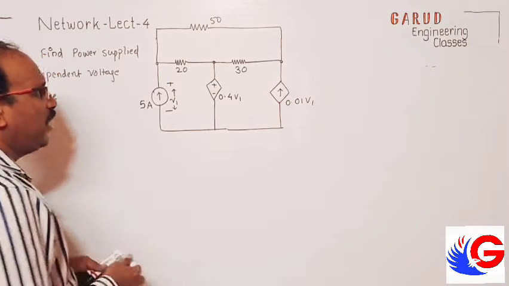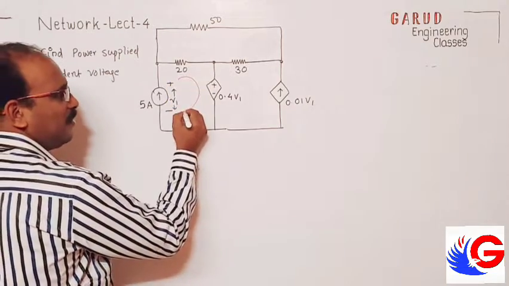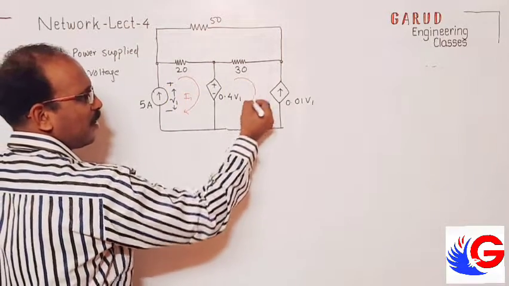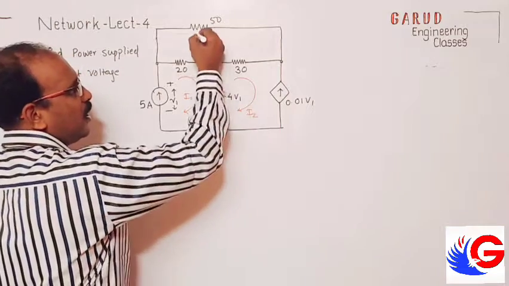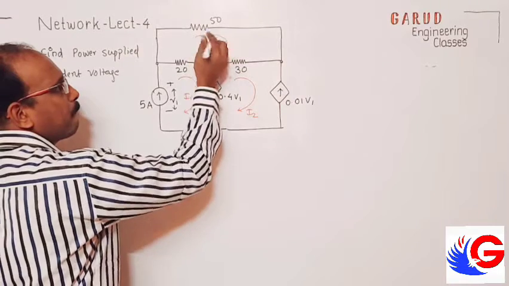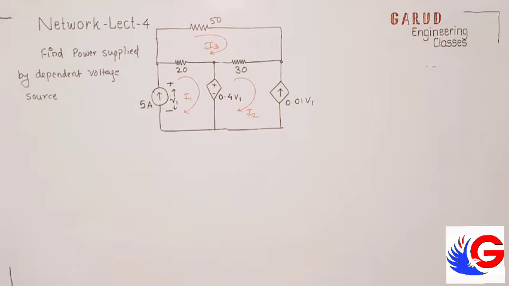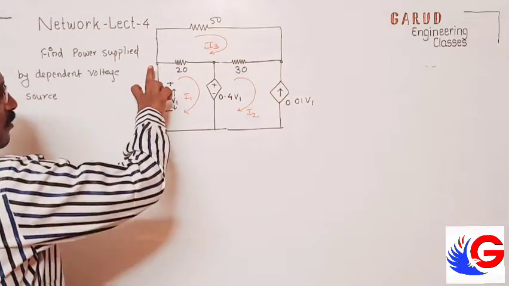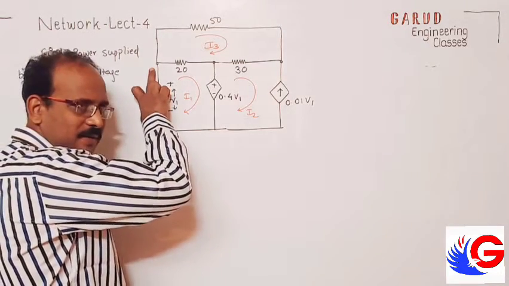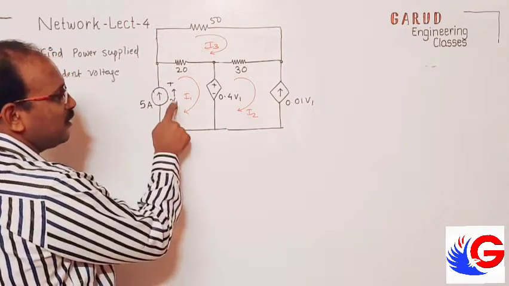Okay, now first thing we have to assume currents. So I will mark here I1, here I2 and here I3. Okay. Now what we have to do is express the voltage source here in terms of I1, I2, because V1 is unknown.